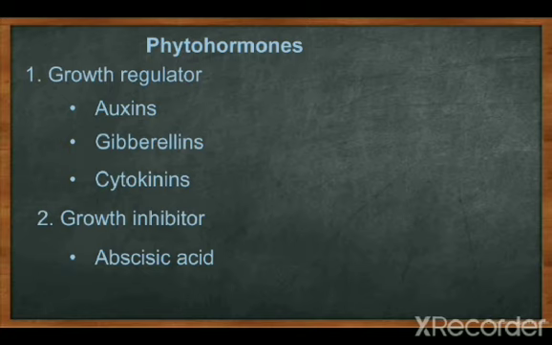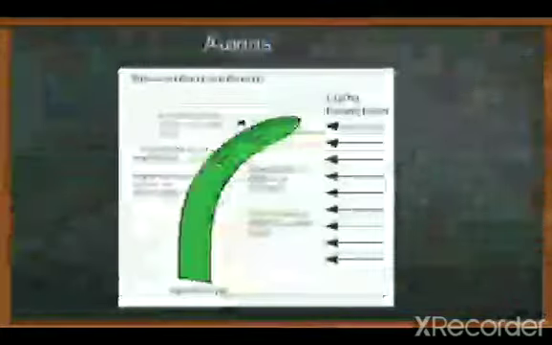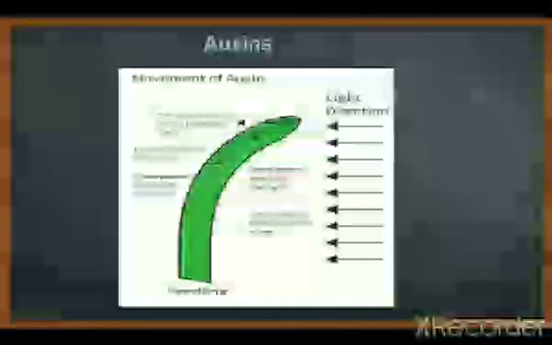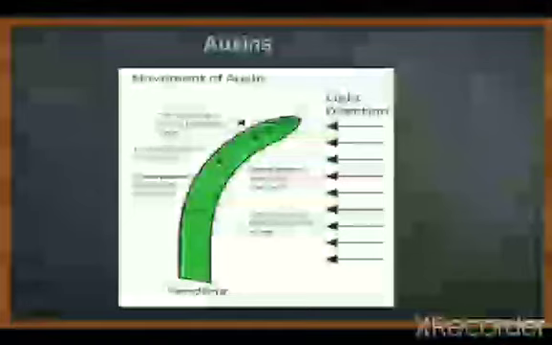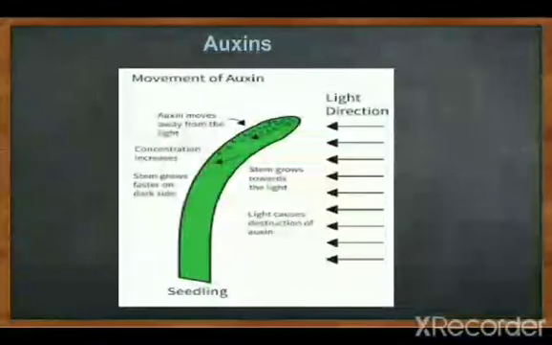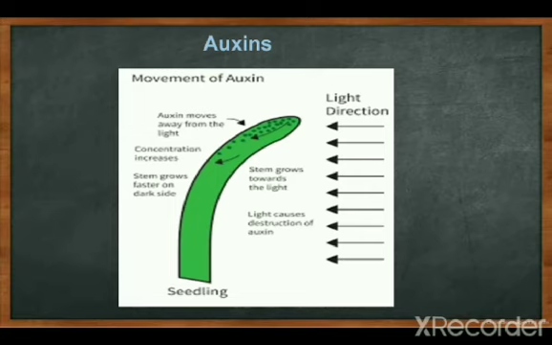The first one is auxin. The chemical name of auxin is IAA, that is indole 3-acetic acid. Once again I will repeat: the chemical name of auxin is IAA, indole 3-acetic acid. It is naturally occurring. There are many functions of auxin.